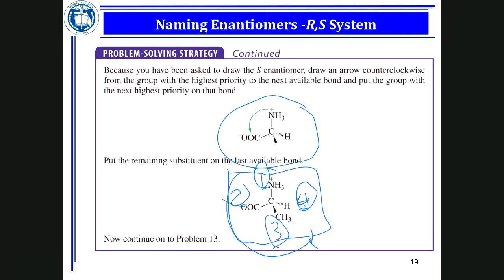So if the molecular formula is given, you should be able to draw the structure or perspective for S or R. If the perspective molecule is given to you, you should be able to determine the configuration. Is it R or S based on the priority of the groups?